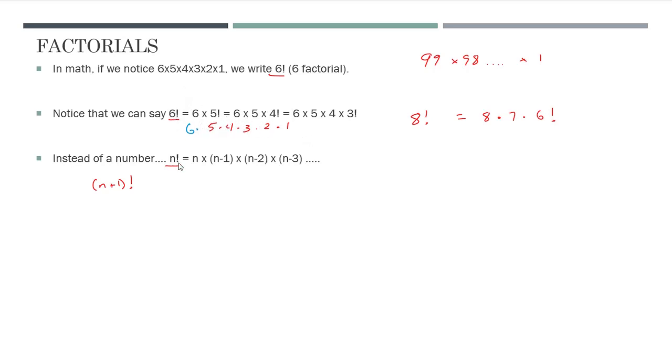So with n factorial, it's also going to go down by 1 each time. So here we have n, and then the next one should be 1 smaller, n minus 1, then n minus 2, n minus 3. The problem, of course, is we don't actually know when this stops. And that's okay, because we're just using this generally to simplify something.